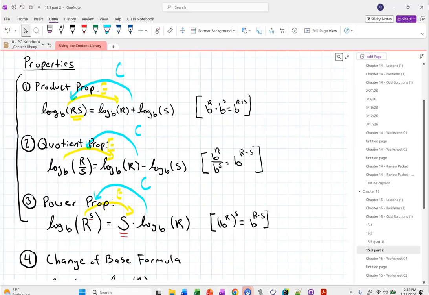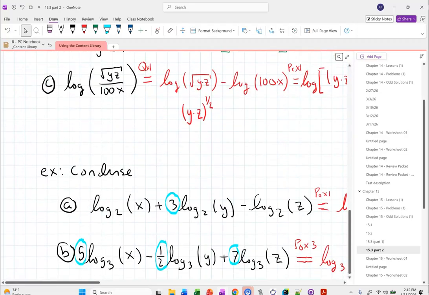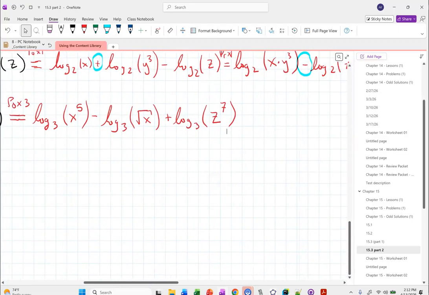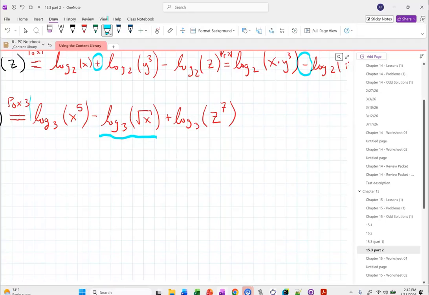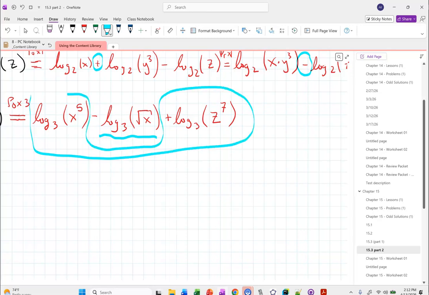I have positive log base b of r plus log base b of s. So if I look down here, this log is negative. So the product property is actually happening between those logs.